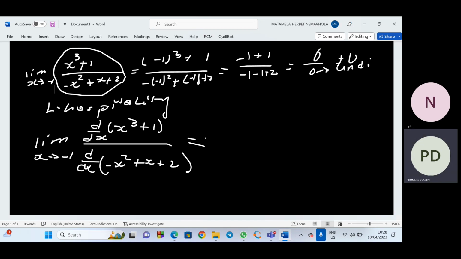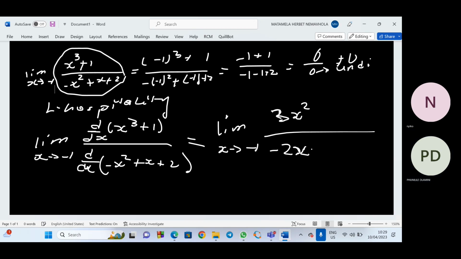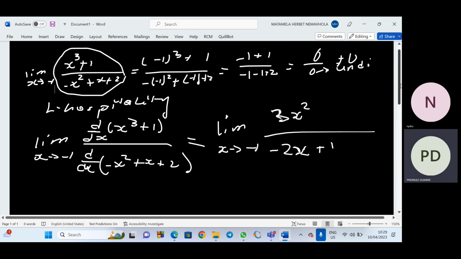This implies that this is going to equal the limit when x approaches -1 of 3x squared, the way we did x squared, and the 1, because it's a constant, is going to be 0, over the derivative of this, which is -2x plus 1.